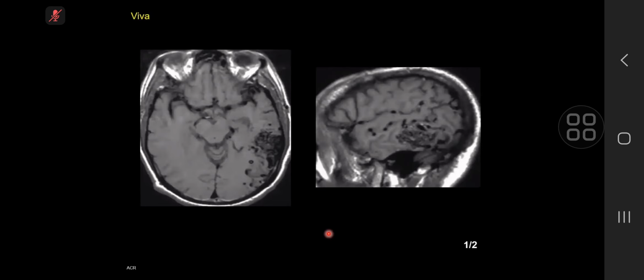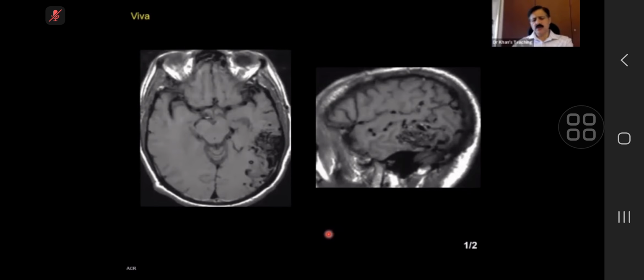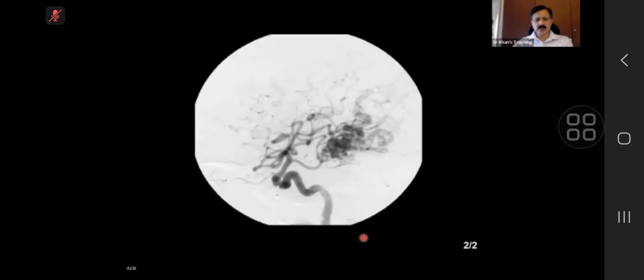Review the rest of the sequences, possibly consider some sort of angiographic study to confirm the finding. Yeah, so initially you can just ask for a contrast-enhanced study, maybe a CT or MR, this is an MR, which will show you an AVM. But of course, for planning of treatments, etc., you have to do a DSA.